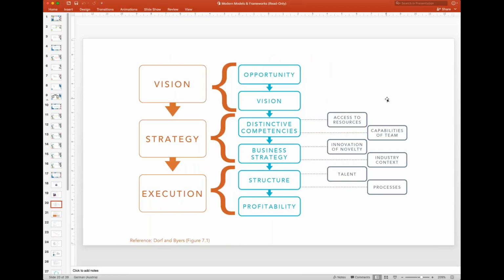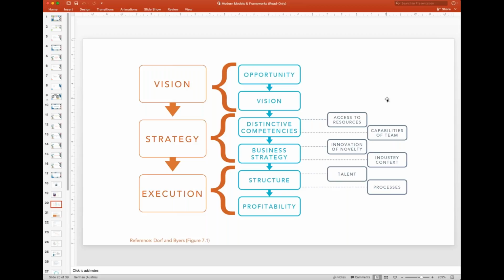When we go a bit deeper into the vision, strategy, execution model, the vision is broken down first into opportunity recognition, and then based on that opportunity, we create a vision for the company. Then in strategy, we identify distinctive competencies, and that is access to resources, and that could be all kinds of resources, intellectual, physical, financial, and capabilities of the team, obviously.